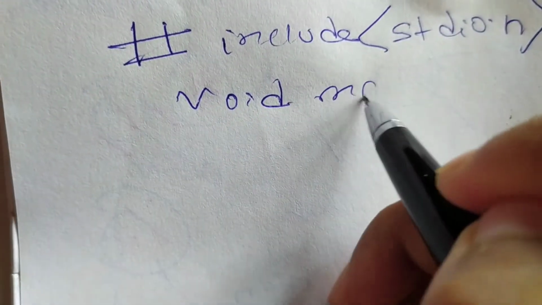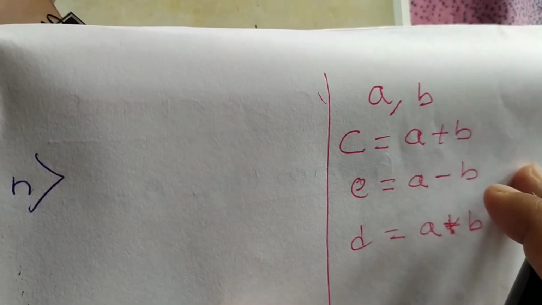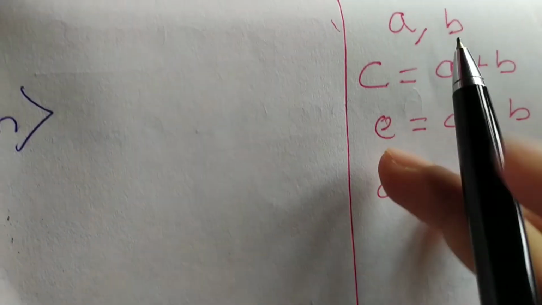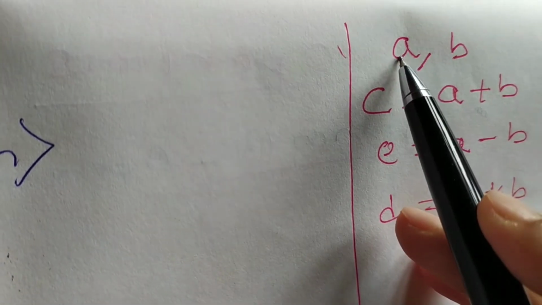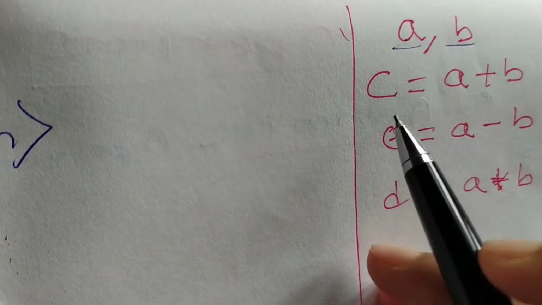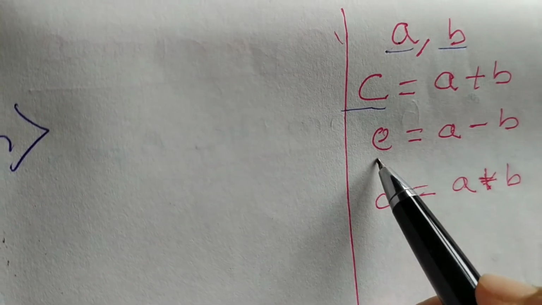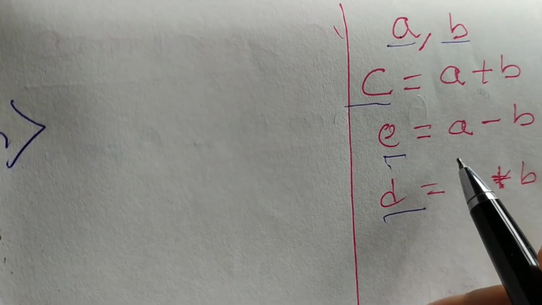And void main, that is the main function, parenthesis is opened. So how many variables will we take? These are numbers, so I am taking them all as integers: a, b, c, e, d.